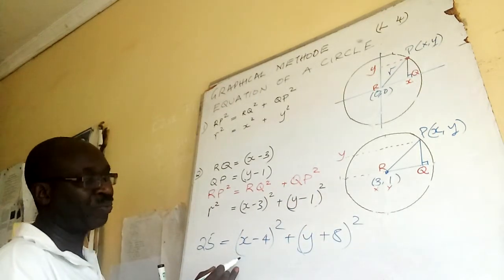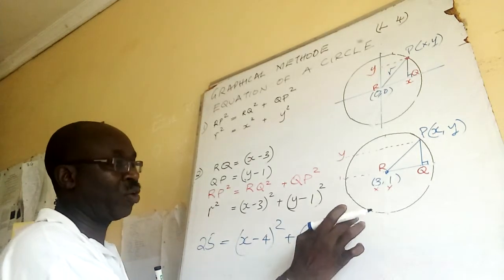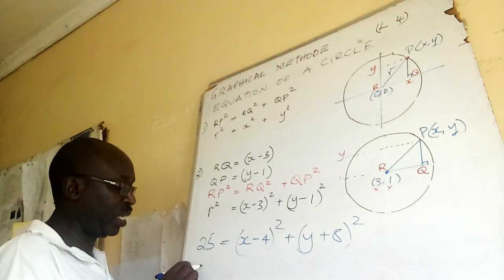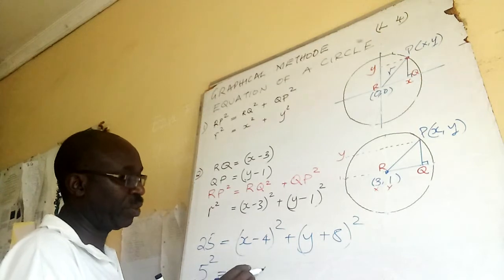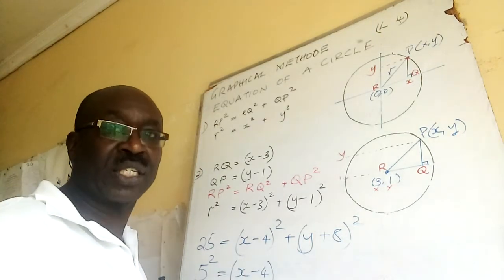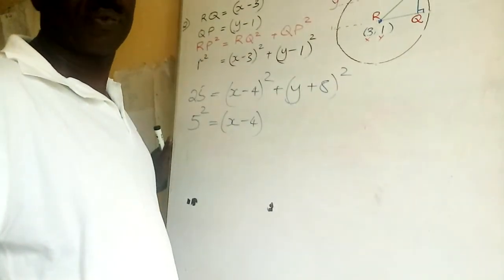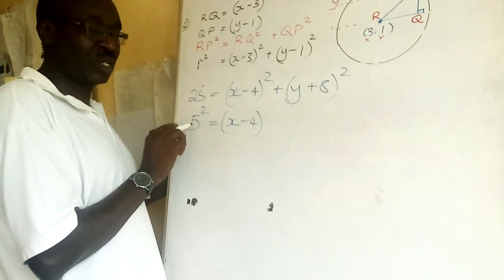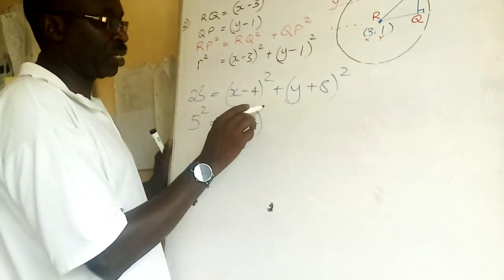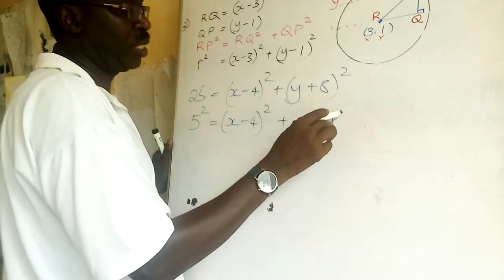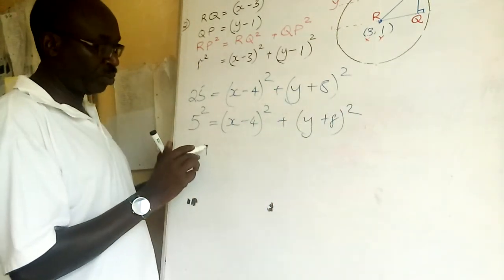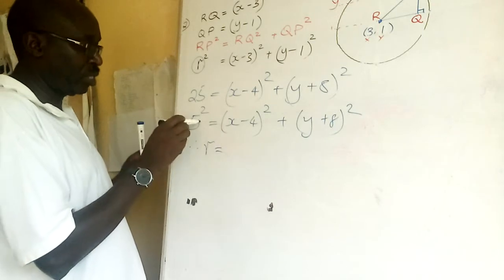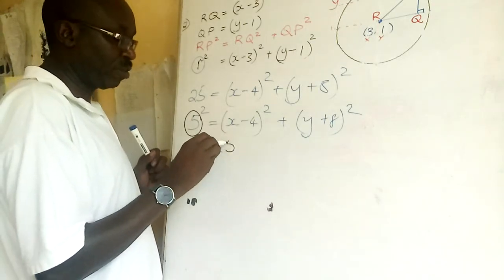So what do we do? These terms are already in square form, this is not in square form. So I write 5 squared is equal to x minus 4 squared plus y plus 8 squared. Therefore, my radius, you can see, this is the radius. My radius becomes 5.